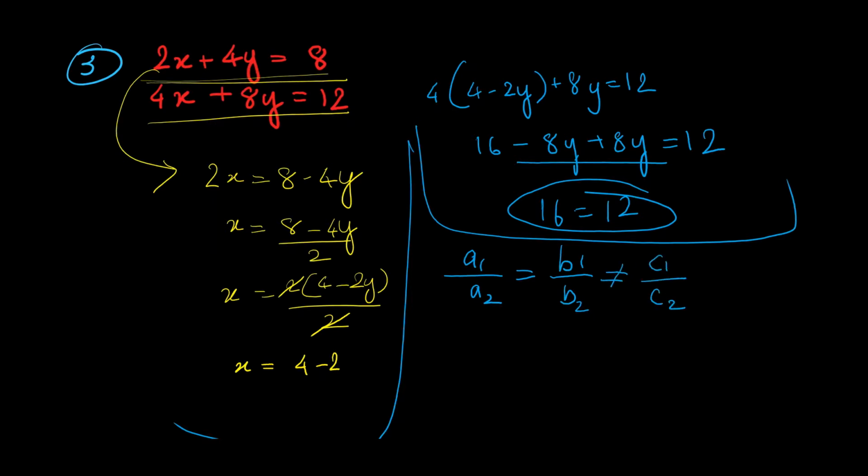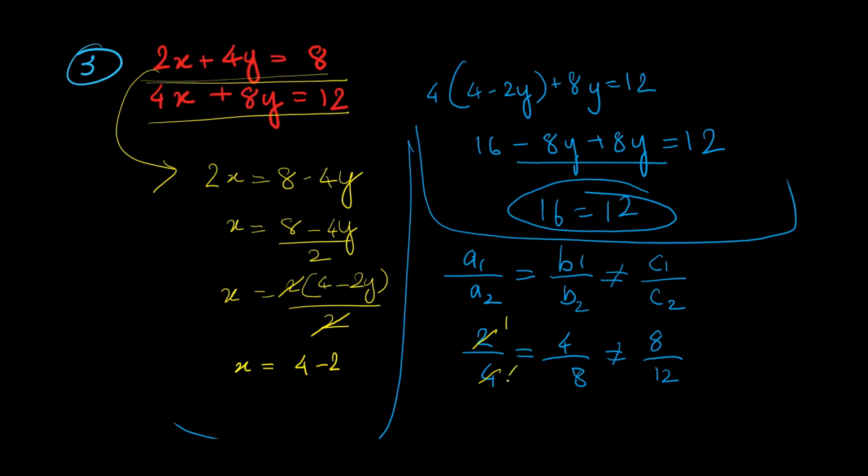Okay, so now let us do one thing. Let us take the coefficient of x as a here, so I'll get 2 by 4. That is going to be equal to 4 by 8, and I have my c here, which is 8 by 12. Now I'm gonna reduce it to its lowest terms.